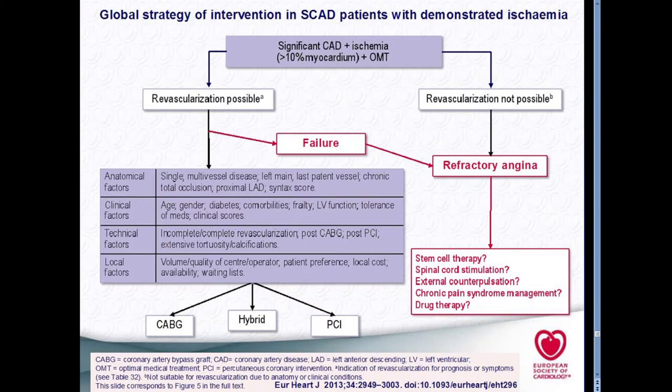But the most frequent restrictive factor, what is it? It is the low left ventricular function, bad left ventricular function. Why? Because if we consider the CABG for these patients who have very bad contractility of the left ventricle, you must take into account that CABG should be performed in pump-on modality.